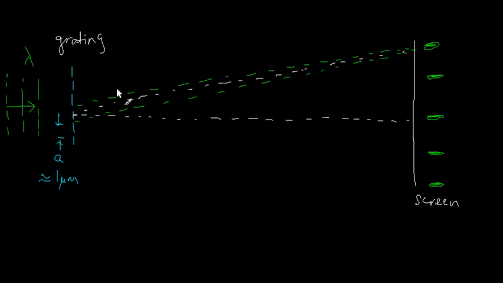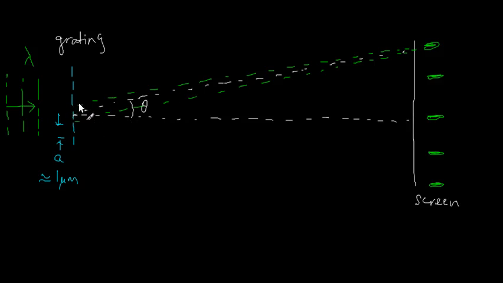And what I want to do is relate this angle theta, which I can actually measure by measuring the position of that fringe. I want to relate this angle to the difference in the two paths from one slit and from the next slit. Now, in order to do that, I need to magnify this part.